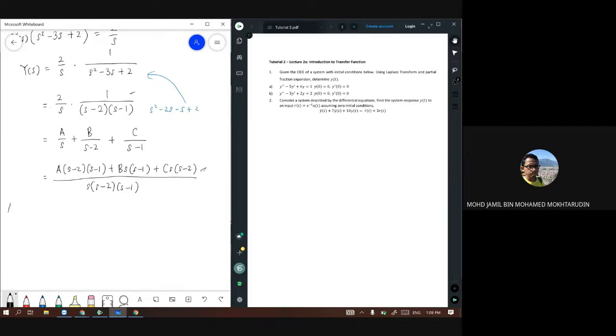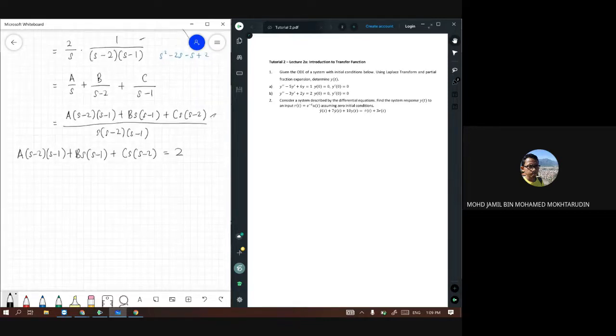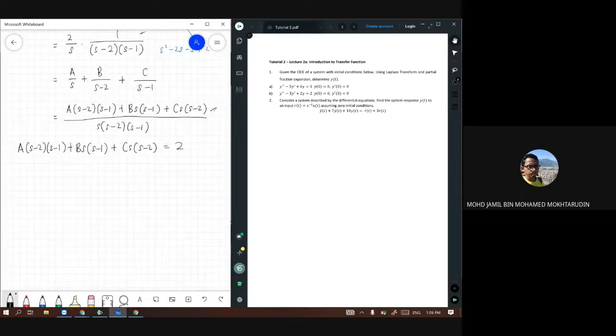So you get A(s minus 2)(s minus 1) plus Bs(s minus 1) plus Cs(s minus 2) equals 2. So find A. So assume s equals 0. So you get A times minus 2 times minus 1 equals 2. So you get A equals 1.